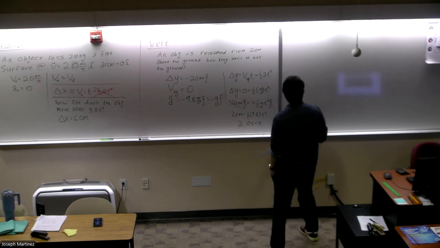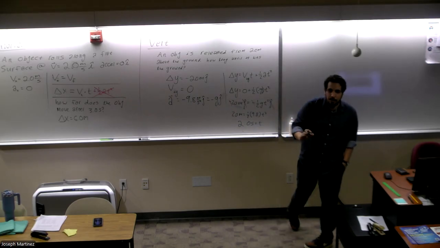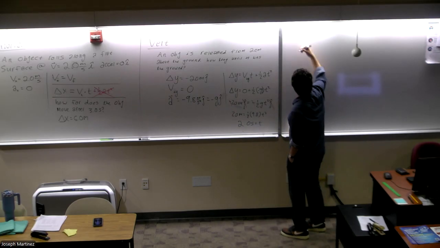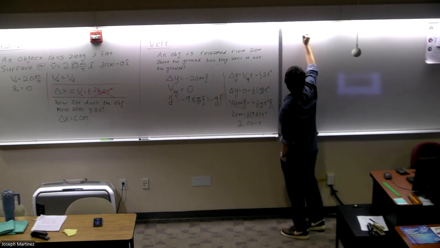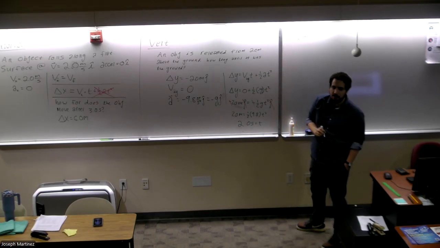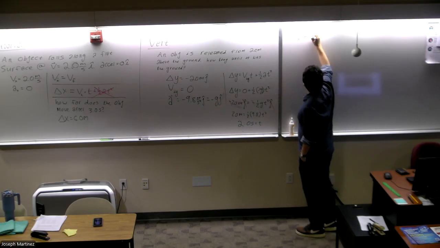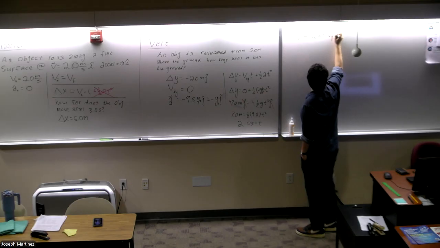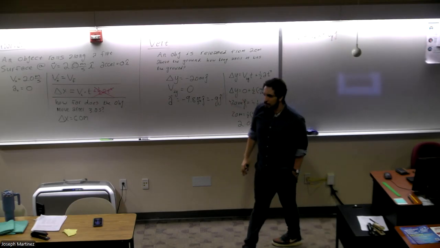If we were to look at some arbitrary velocity vector, we say arbitrary velocity v is equal to vx i hat plus vy j hat. vx could mean anything.